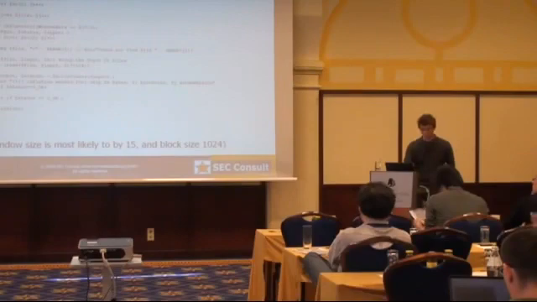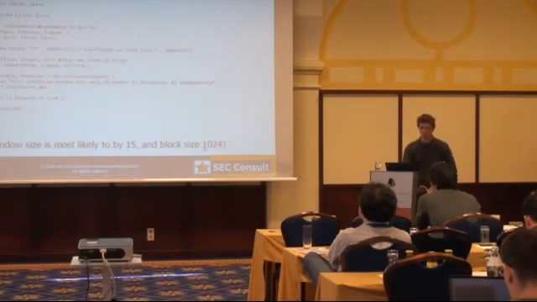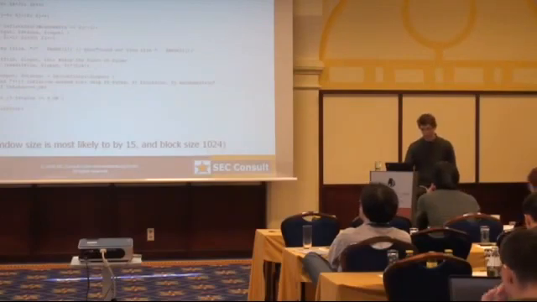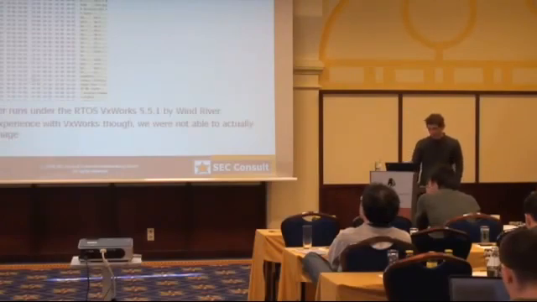Actually, this worked, and in all the firmwares where this worked, the window size was 15 and the block size was 1024. So this seems to be really common, and this would be the first guess.